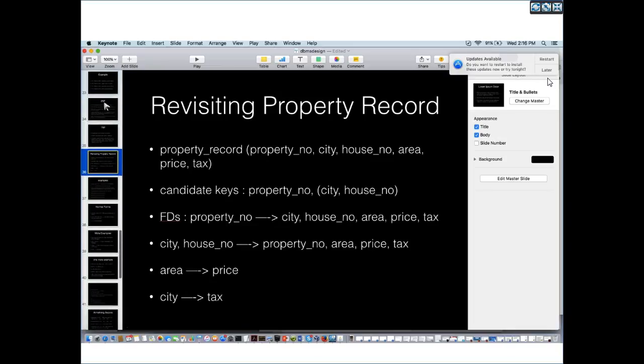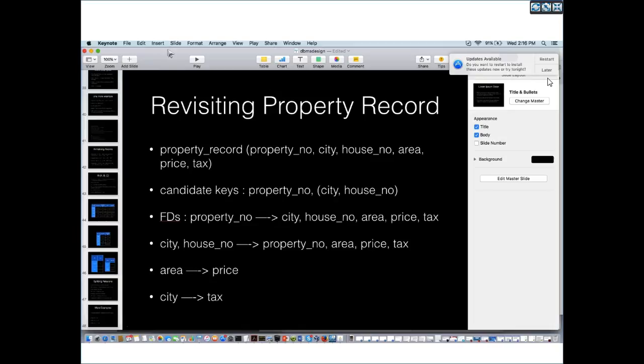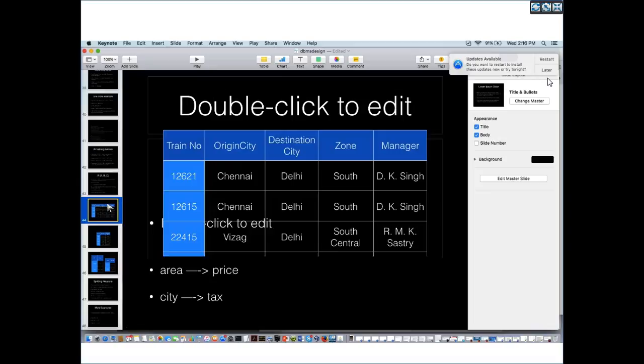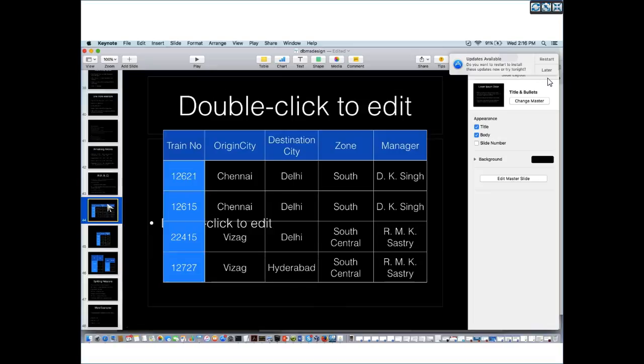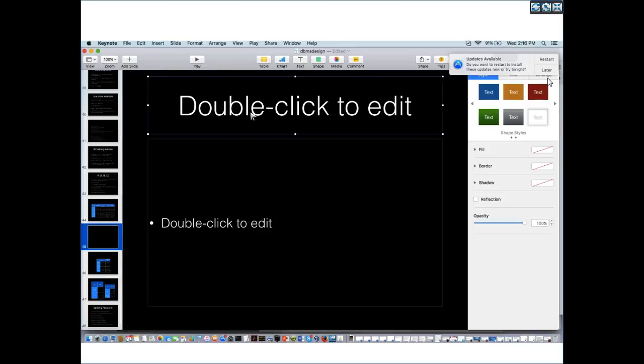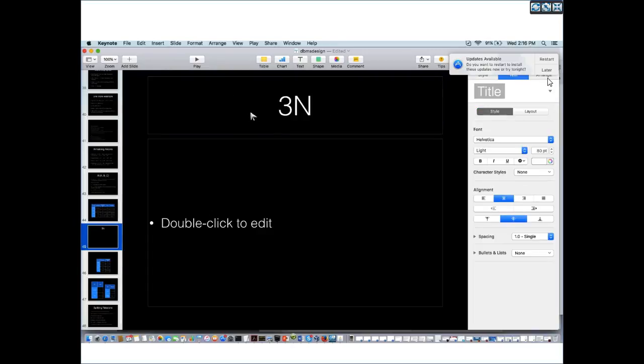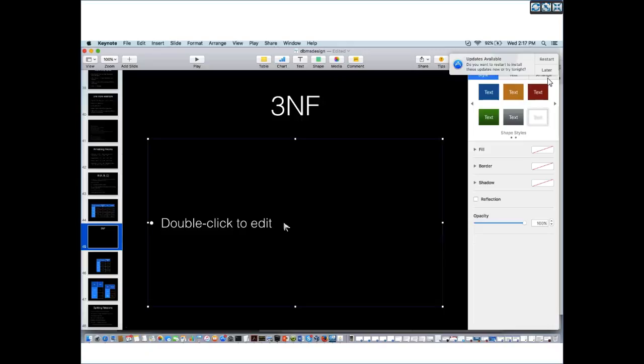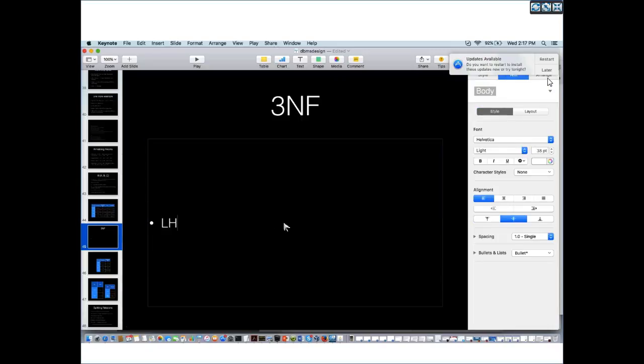BCNF says that there will not be any problem of duplication: every FD, the left-hand side of the FD is a super key and there is not going to be any duplication. There are rules that I gave, which are even easier to follow.